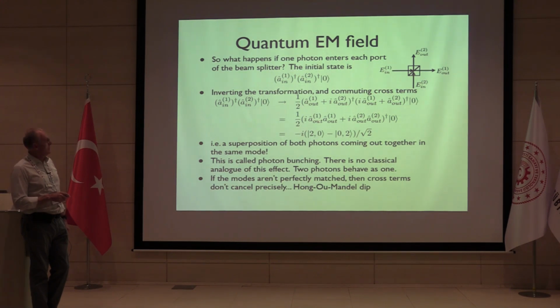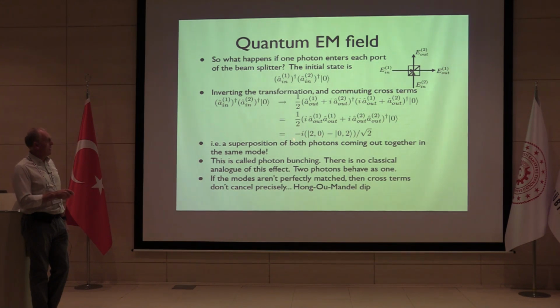You will have one photon in mode 1 and one photon in mode 1, which means two photons in mode 1, or two photons in mode 2. You can write them down as 2,0 and 0,2: two in one and nothing in the other, or two in the other one.